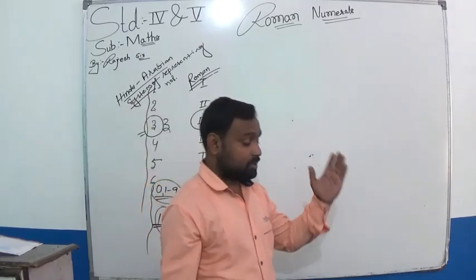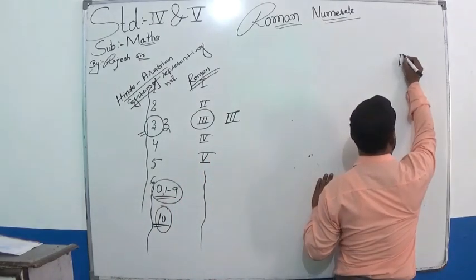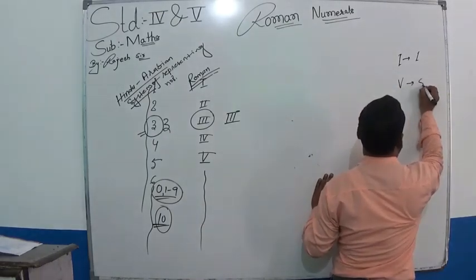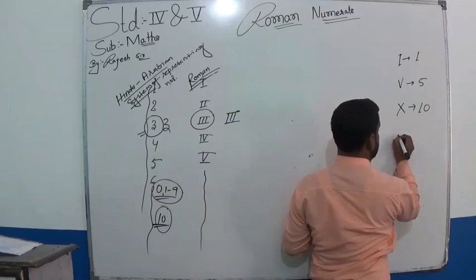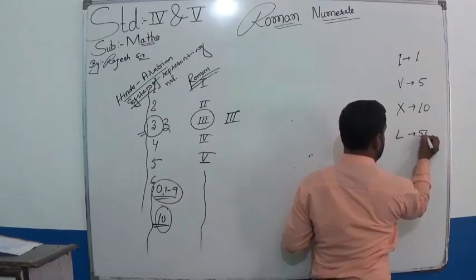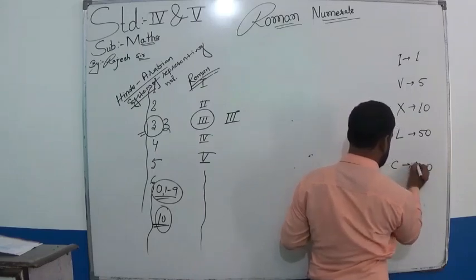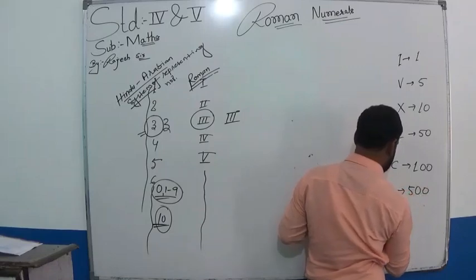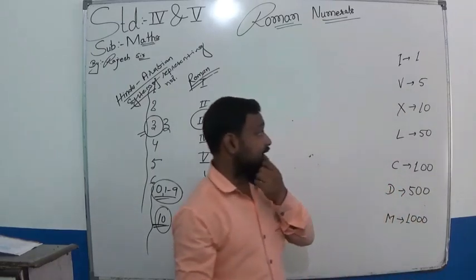And these 7 symbols are 1, 5, 10, 50, 100, 500, 1000.